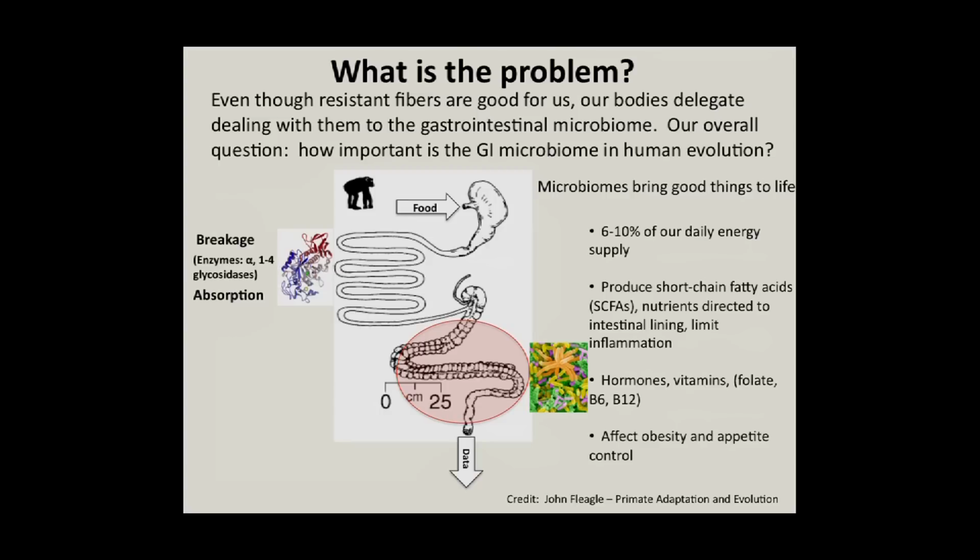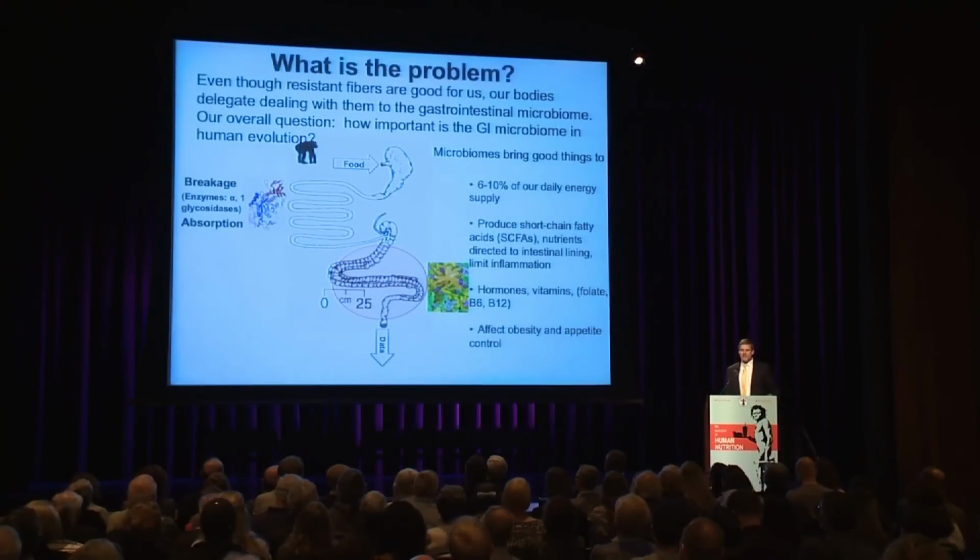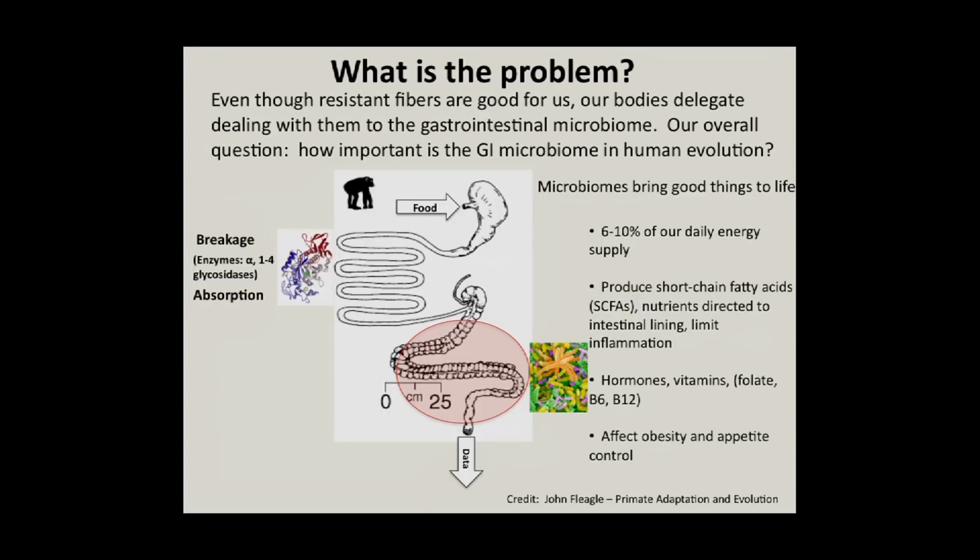Now this slide should give us a little bit of insight into the problem that we're dealing with. Food enters the intestinal tract here and then passes into the small intestine. In the small intestine, most of the digestion is undertaken by enzymes that our body produces. So the nutrients that we break down and absorb at this part of the gut are largely driven by the machinery that we produce and deploy in service of that problem.